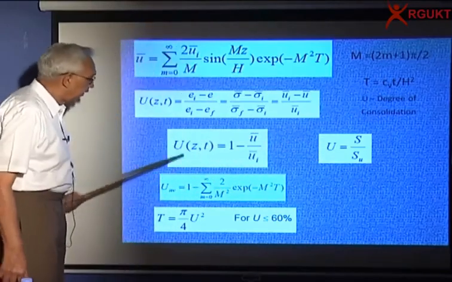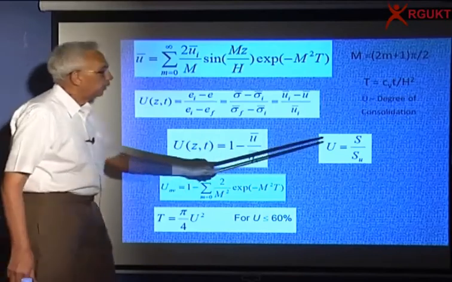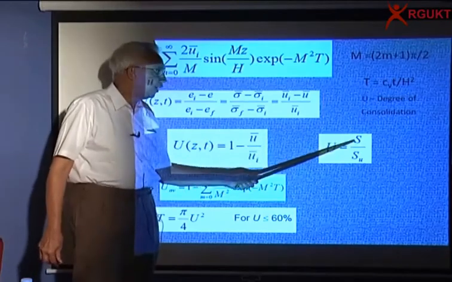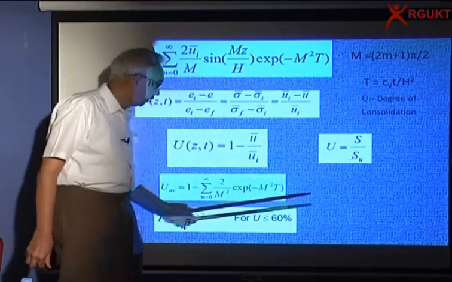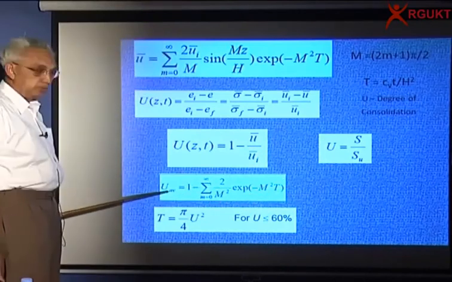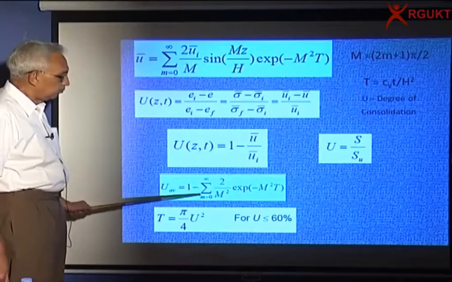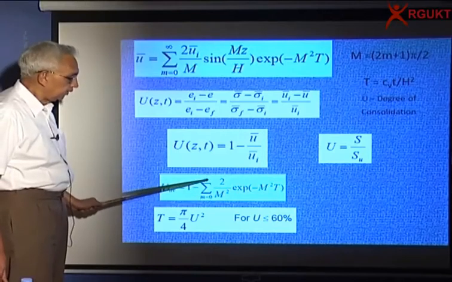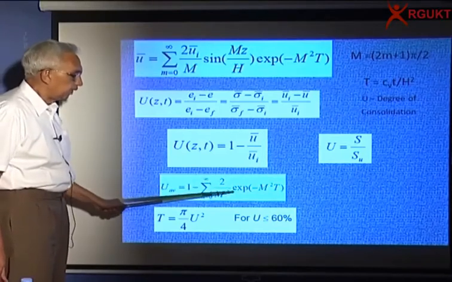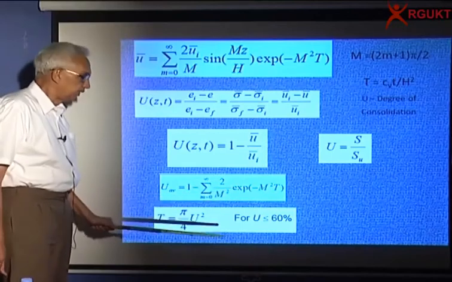We define it in this fashion. You can also say settlement at any time divided by the final settlement, and you can write the degree of consolidation U as 1 minus the sum over m equal to 0 to infinity of 2 by M squared times exponential of minus M squared T.